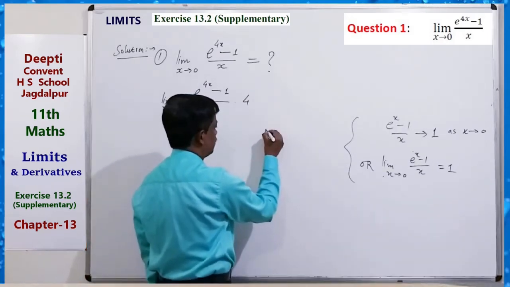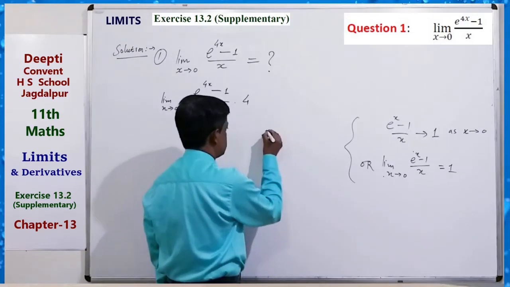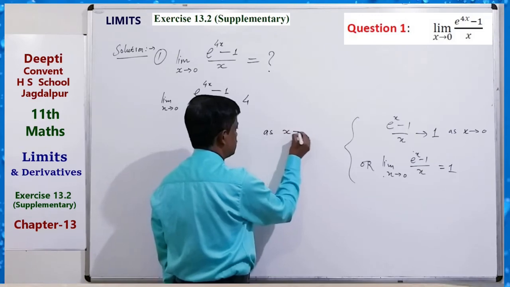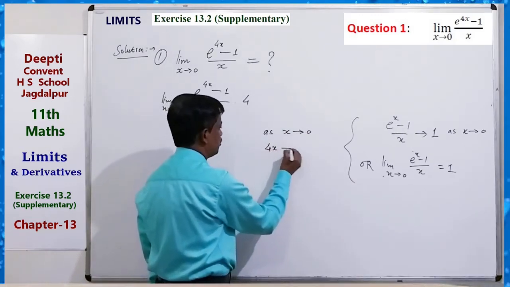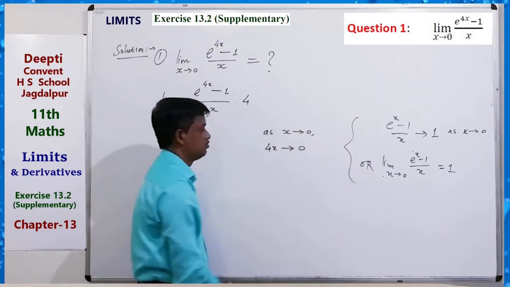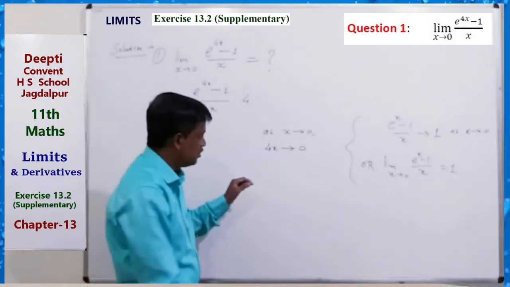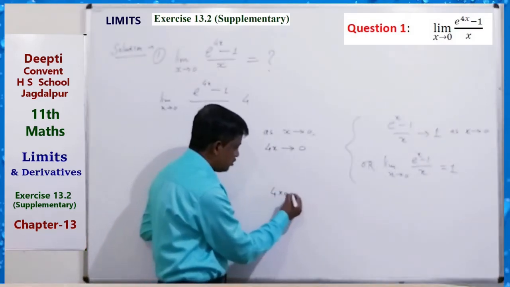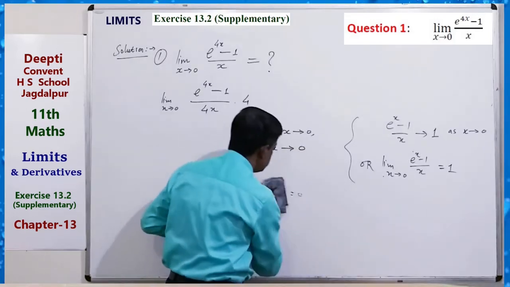Now, as x tends to 0, 4x also tends to 0, because x tending to 0 means 4 into 0 equals 0.